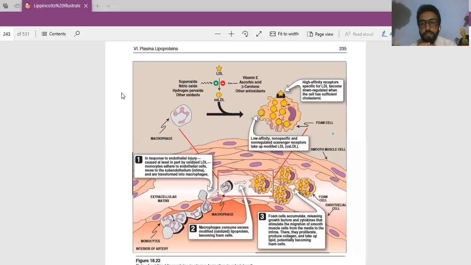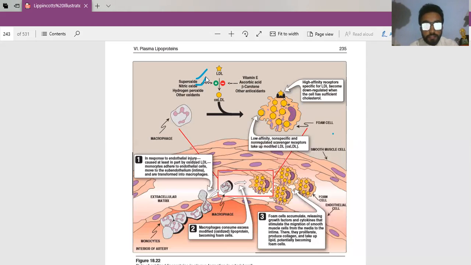So when the low density lipoprotein increases in the blood above the normal level, what happens is they get oxidized by the different types of oxygen free radicals which are normally generated in our body, like superoxides, like nitric oxide, which are normally produced in our blood vessels to dilate the blood vessels.